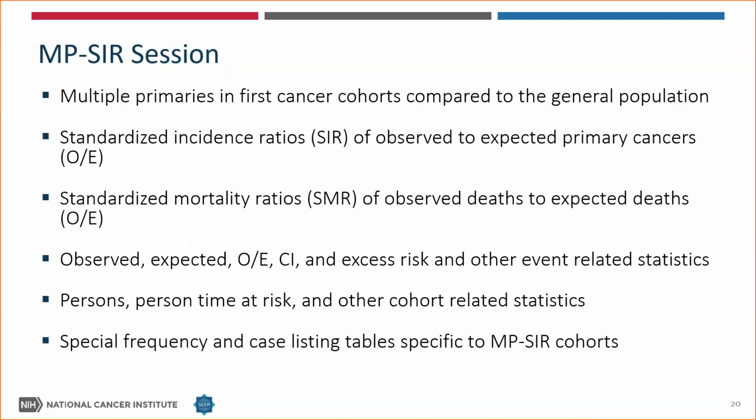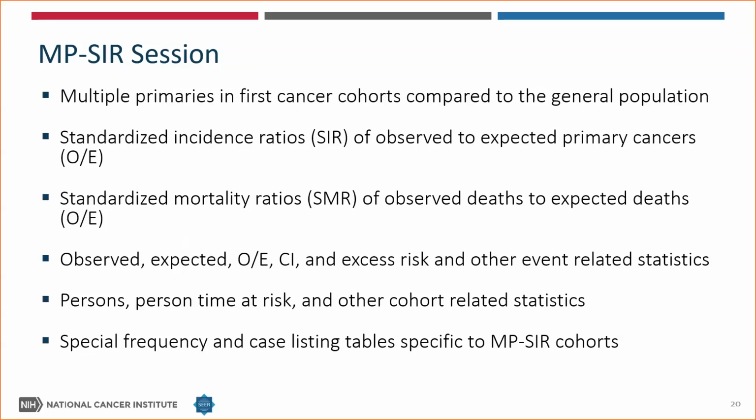Or do lung cancer patients have an elevated risk of cardiovascular disease death than the general population? And without looking at the numbers, you would think most likely they would have an elevated risk of anything associated with smoking, because lung cancer patients tend to be a higher percentage of them smoke than the general population. So there's a lot of things you can look at with that.